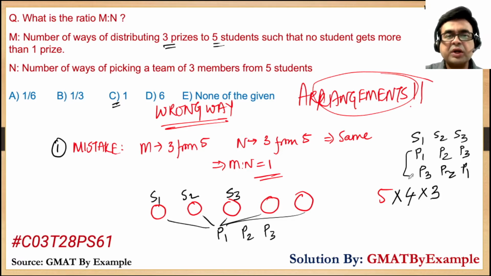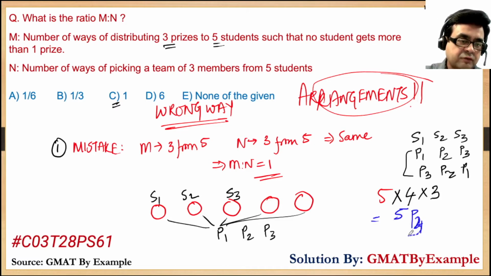These are two different arrangements of dividing the prizes between the students. Hence the arrangements matter, and this is why we call this 5P3: taking 3 students from the 5 students in a way that arrangement matters. It matters how you are dividing them.